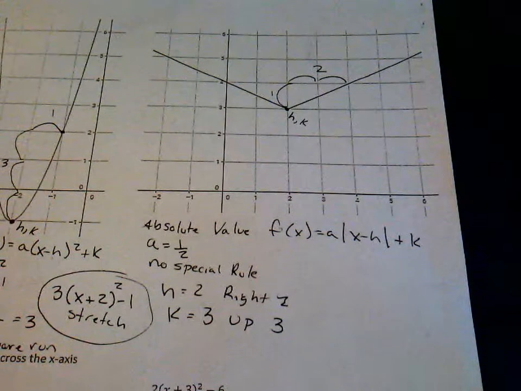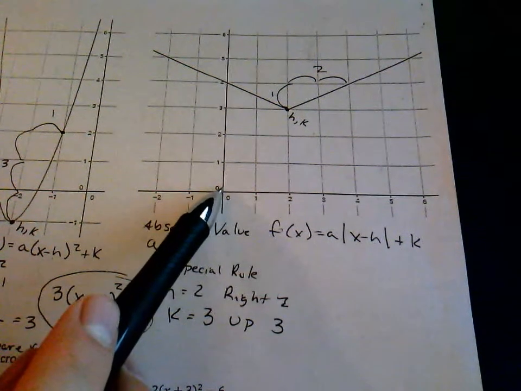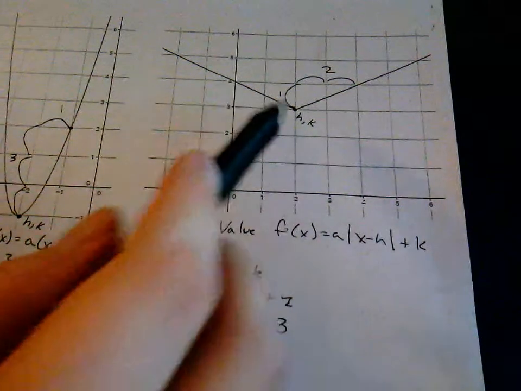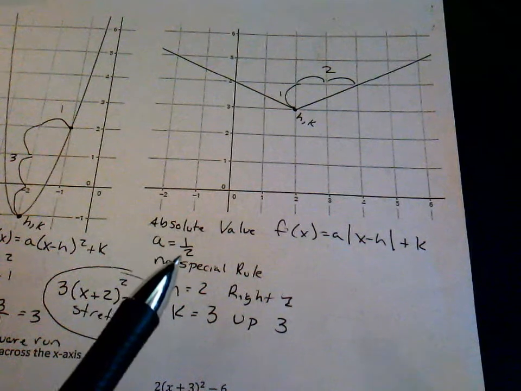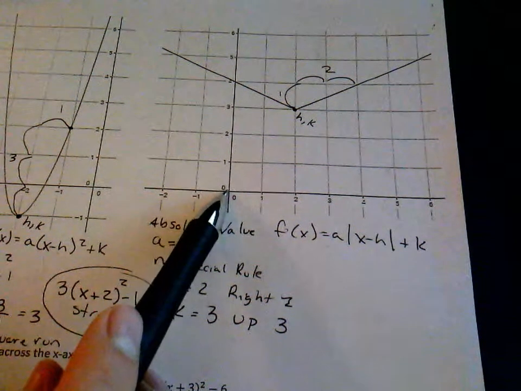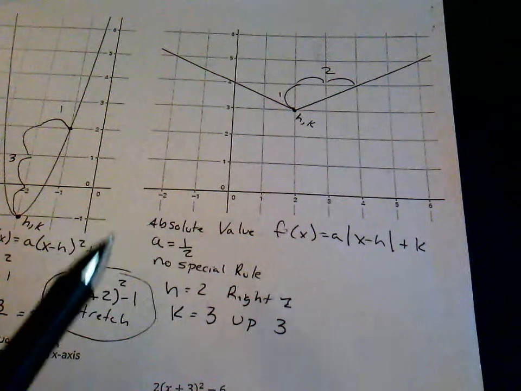So the whole idea is like, how far did this move? So it went right 2 and up 3. That's why we keep saying these right, left, up, down, because if it's a negative number, we started here, we'd have to move to the left. If it's a negative number in the k, you'd have to move down, so on and so forth.